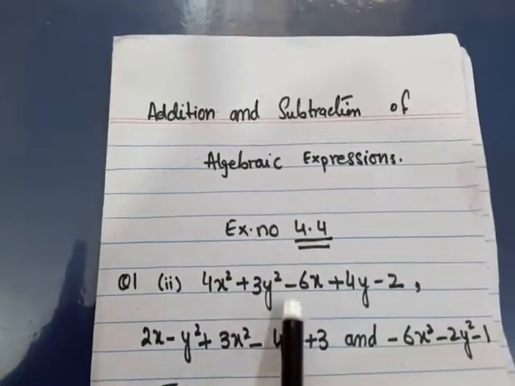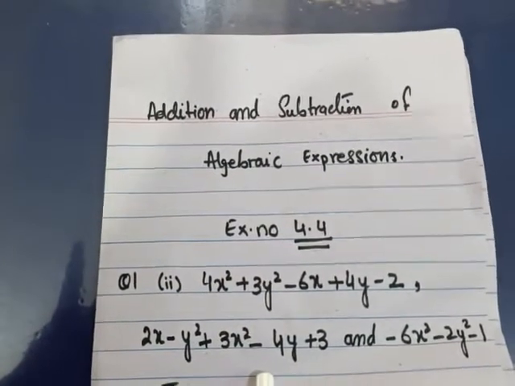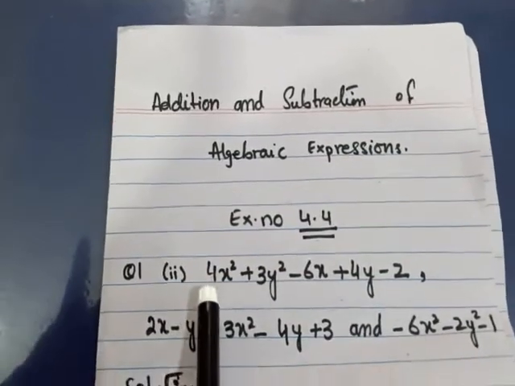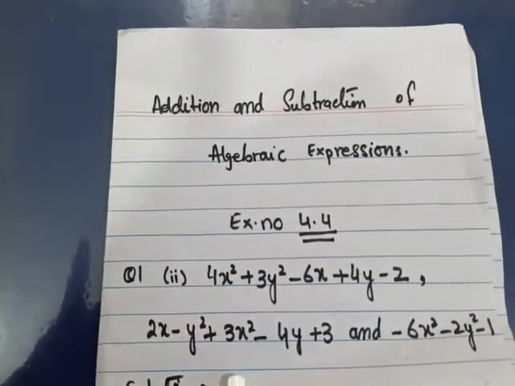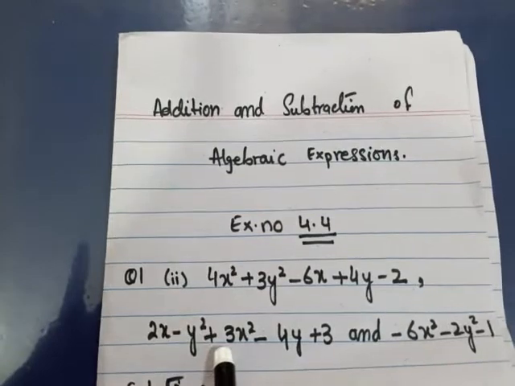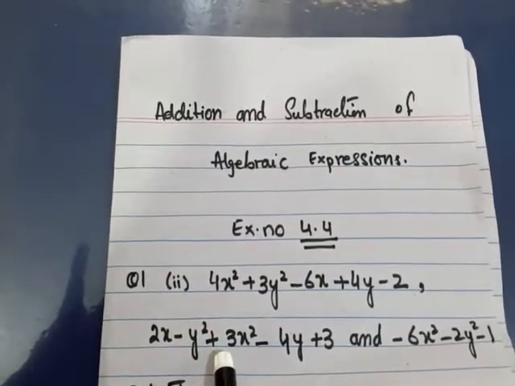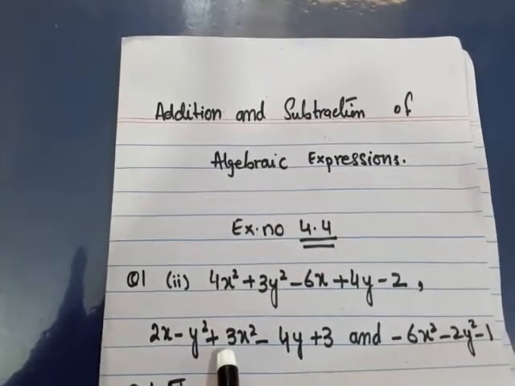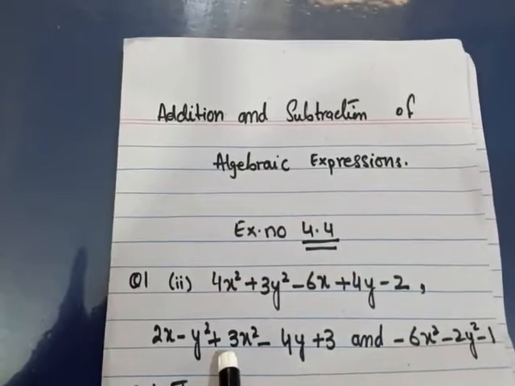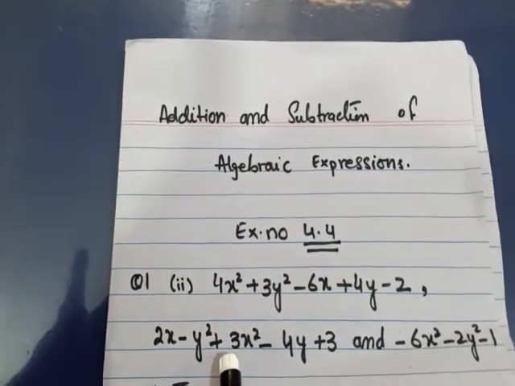In these two expressions, what are the like terms here? 4x squared and 3x squared are like terms because these two terms have the same variable and same power.